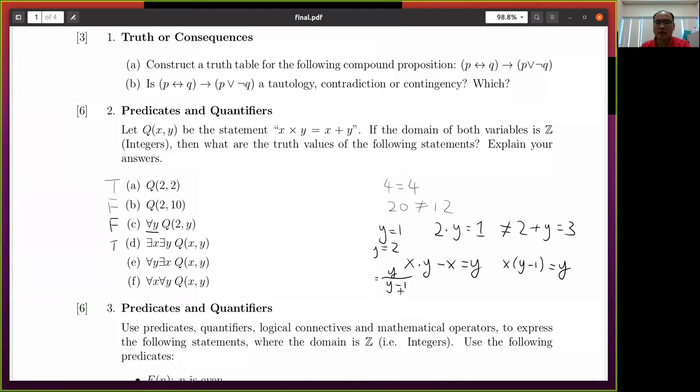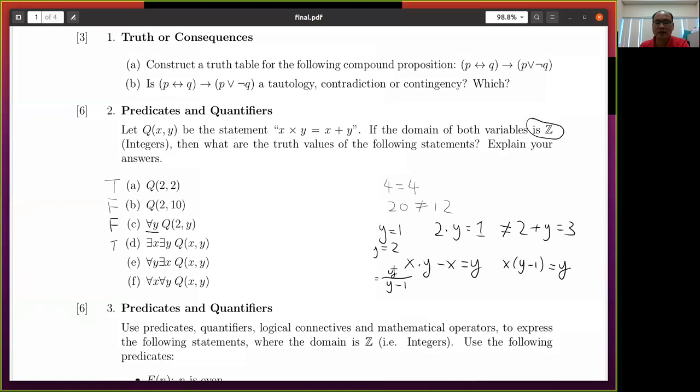But there's a problem. These variables are not fractions, they're integers. If y is 2, then 2 divided by 2 minus 1 is 1... so x is 2, which we already know works when y is 2. But if y is 3, then 3 divided by 2 is 3/2, which is not a valid value for x.